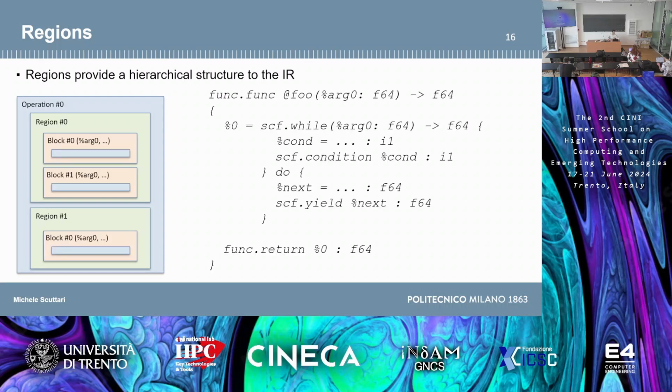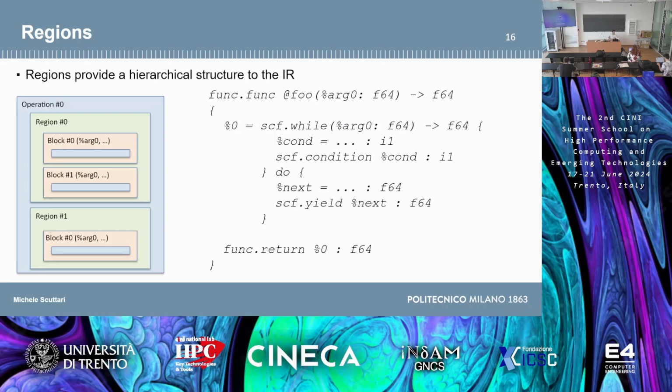Let's look here at an example where we have a block. Here we have a function that contains a while. So a function contains a region that is its body. Clearly, the function has a semantics per se.